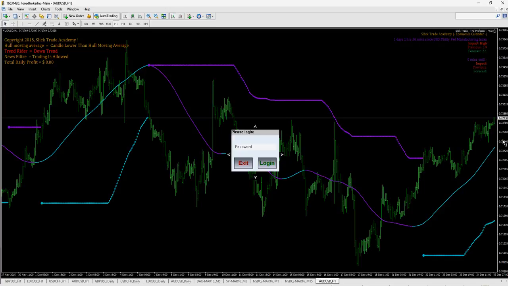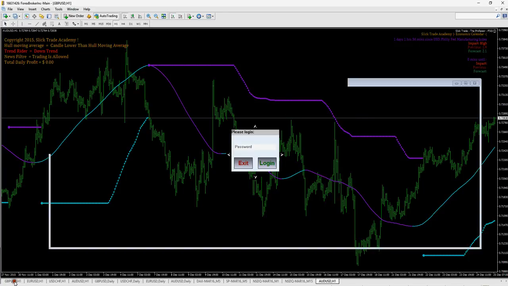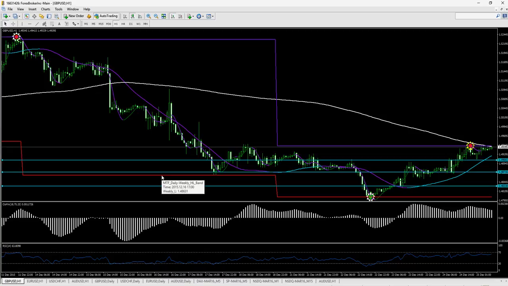But I think price is going to retrace down a bit first, then head to the upside. Once it comes down and hits this Paul moving average, that'd be a good time to enter a buy or long position.